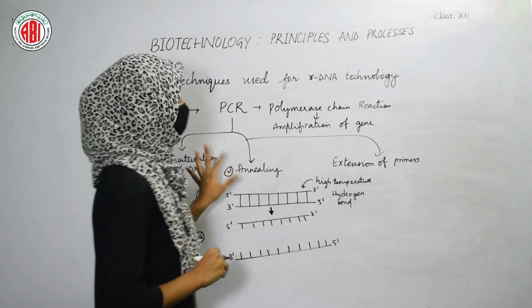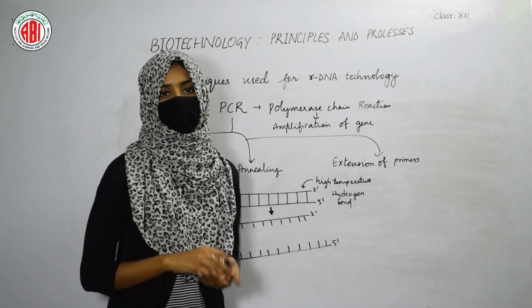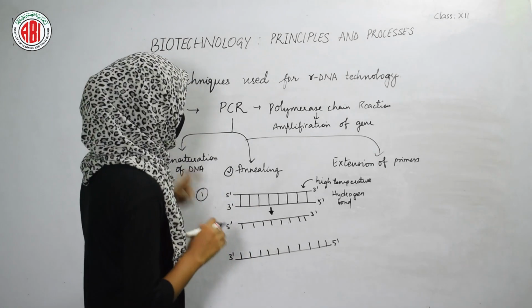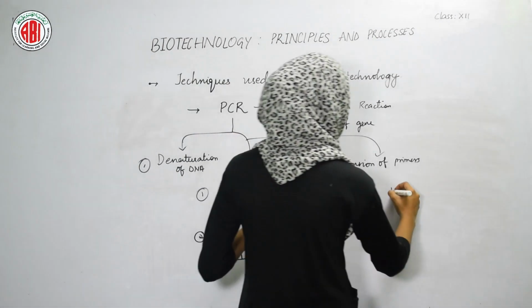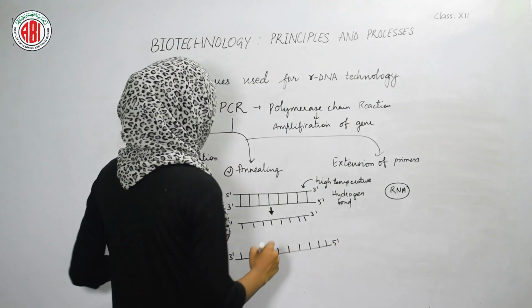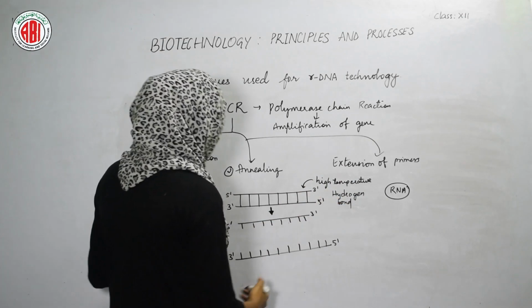In the process of annealing, we are going to add primers to these strands, and the primers should be anti-parallel. Primers are nothing but RNA. RNA strands are going to be added in the second step, which is called annealing. So anti-parallel RNA strands should be added.